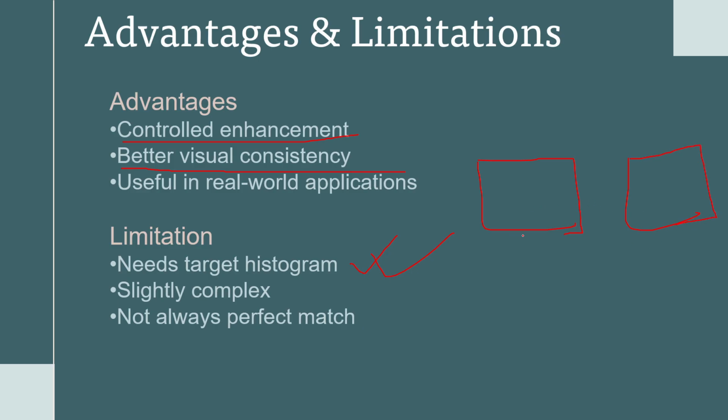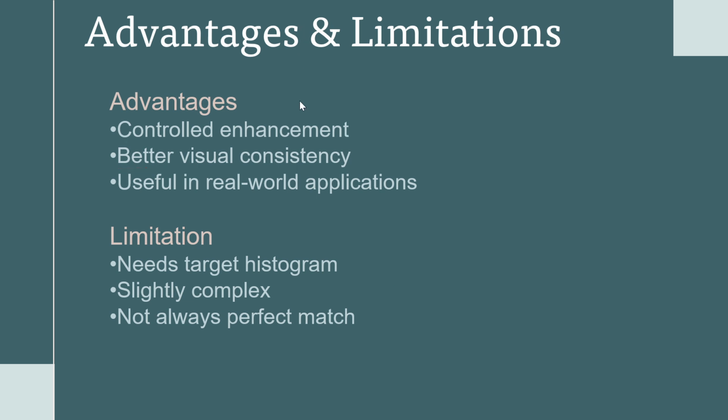When you apply histogram matching, it may be possible that it won't give you 100% accuracy, meaning the result does not match 100% with the target one.